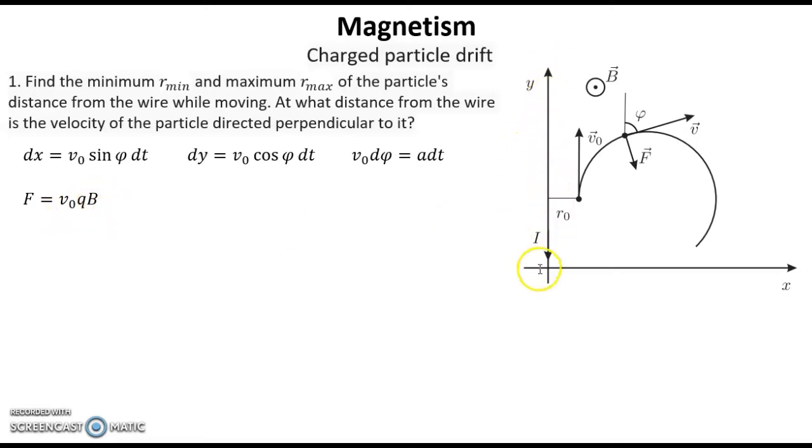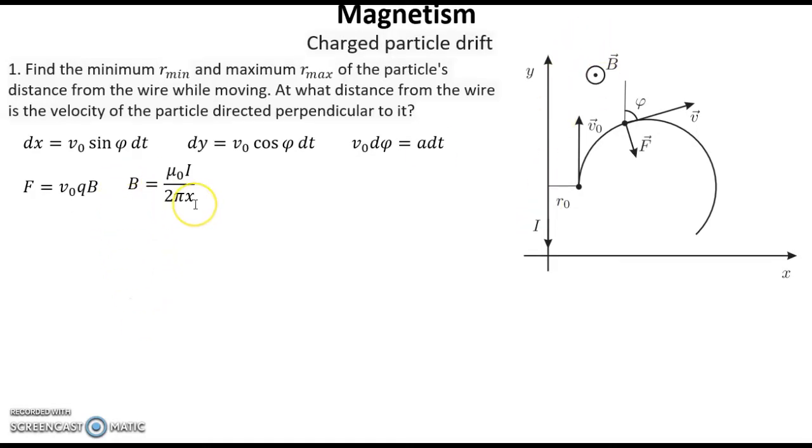And also we can write the expression for the magnetic field created by an infinite wire. This is the expression for such a magnetic field. Here we have mu0, that's the magnetic constant, I is current, and x is the distance from this wire.